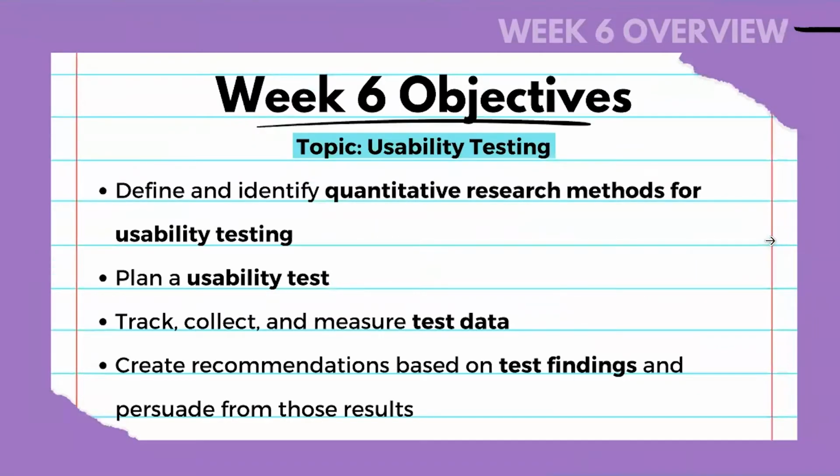Now, our week 6 objectives. The topic, usability testing. We're going to define and identify quantitative research methods for usability testing, plan a usability test, track, collect, and measure test data, as well as create recommendations based on test findings and persuade from those results.